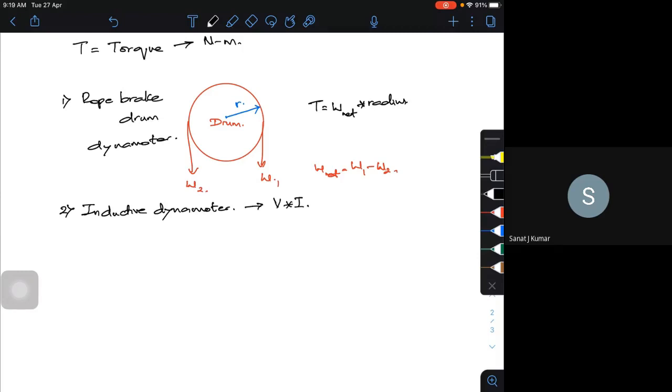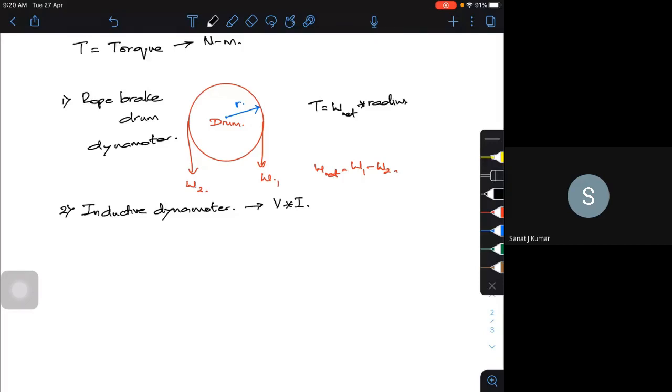We will have some temporary magnets wound around the shaft. If we put a certain amount of magnets, a certain amount of load is applied. So we apply the load based on the electrical inductance, which is directly proportional to the product of voltage and current, and I am able to get the torque.